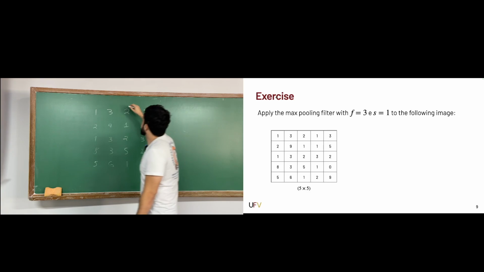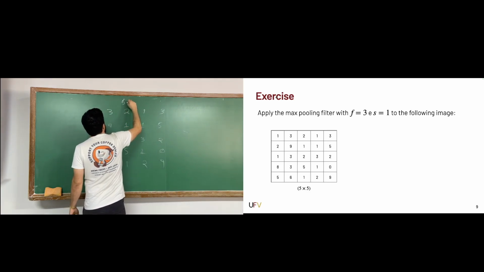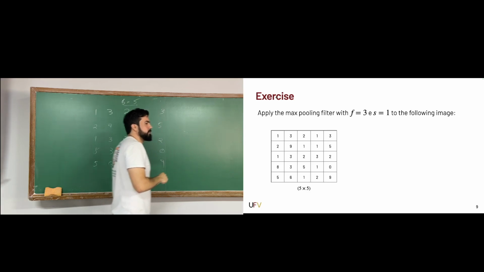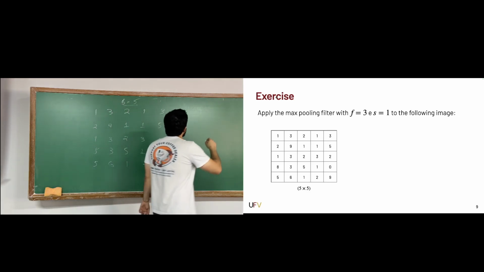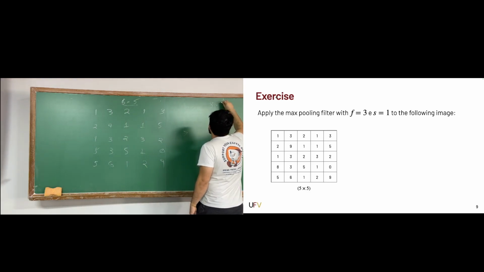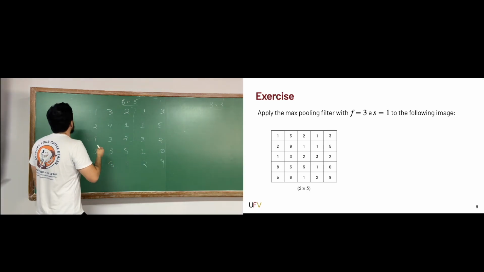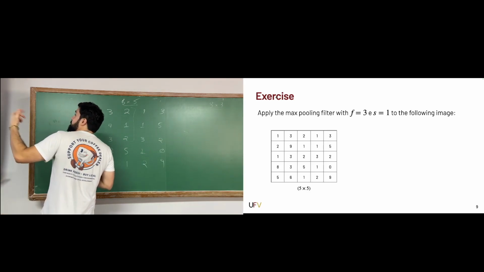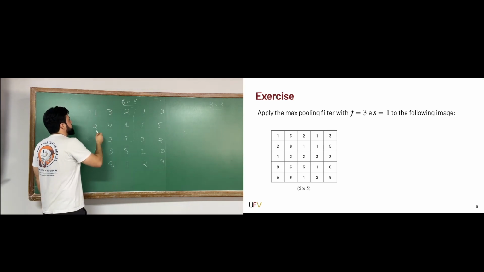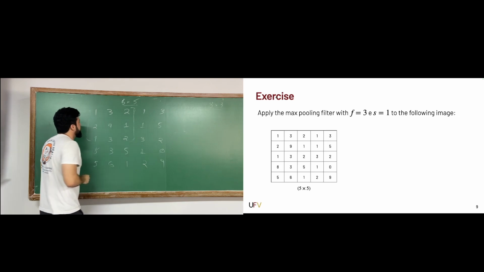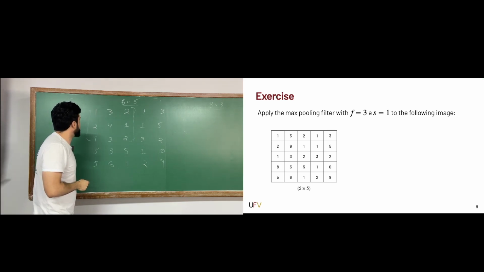This is a 5 by 5, right? The result is a 3 by 3 image. How do you know that? You're basically going to have a 3 by 3 max pooling, right? So you start with the filter here. This is a 3 by 3. So we pick the max out of this, which is what, 9, right?